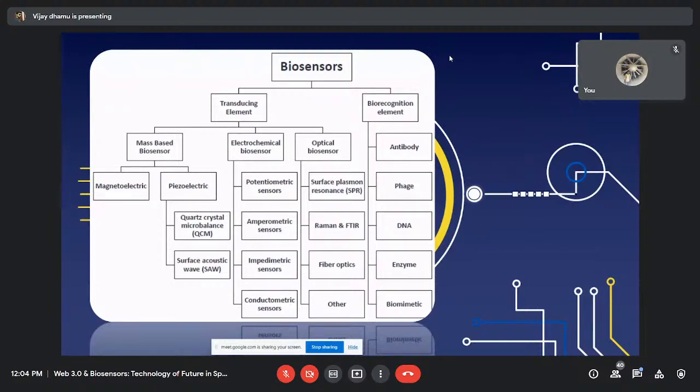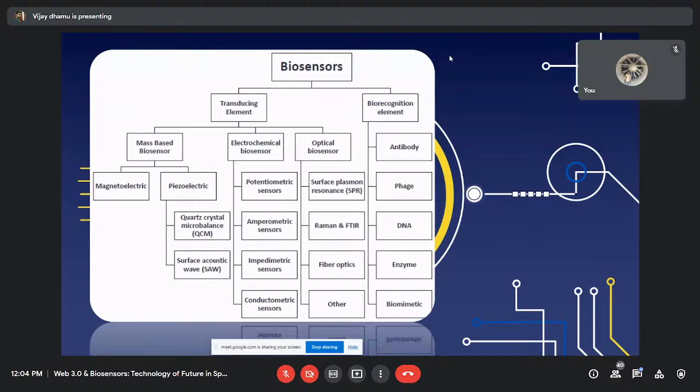In the transducing element, we have further subdivisions: mass-based biosensor, electrochemical-based biosensor, and optical biosensor. Mass-based biosensors are divided into magnetoelectric and piezoelectric.